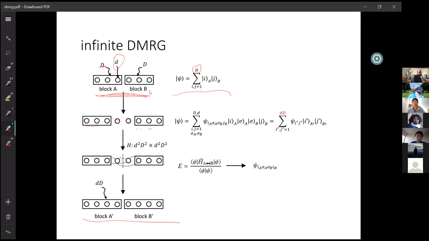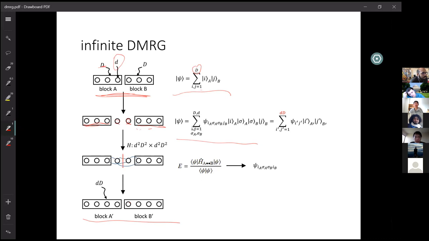Now we can start adding 2 sites in the middle. So we form this block-site-site-block structure. Now using this block basis, which is capital D dimensional, and the site basis, which is little d dimensional, we have the new wave function written in this fashion.